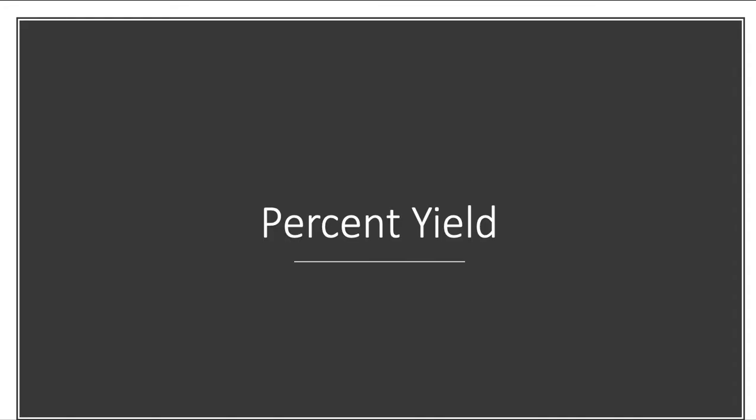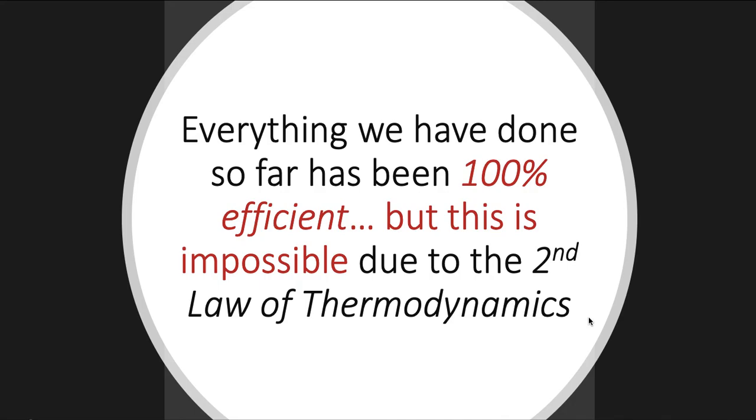Then the last part of chapter 7 that we're going to talk about is the percent yield. It's very similar to a mass percent, but instead of using mass of components and mass of solution, we're using an amount in grams of the same substance, but one is theoretical and one is experimental.